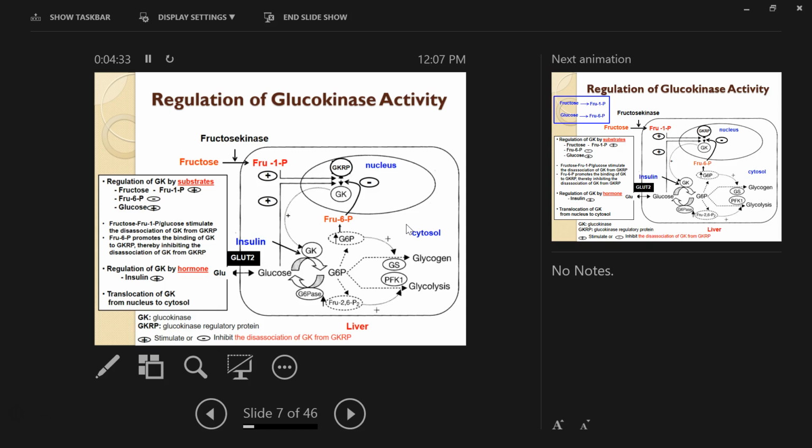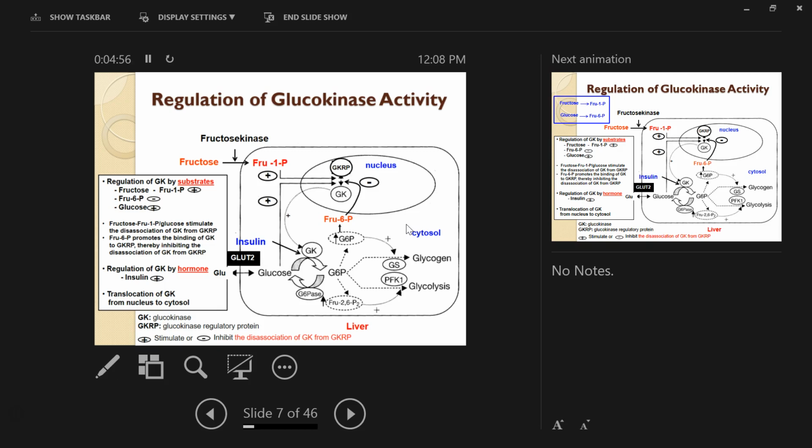Fructose 1-phosphate basically is metabolized from fructose, and fructose 6-phosphate is metabolized from glucose, right? And glucose concentration. So basically, you know that the reaction that is catalyzed by glucokinase occurs in the cytosol, right?